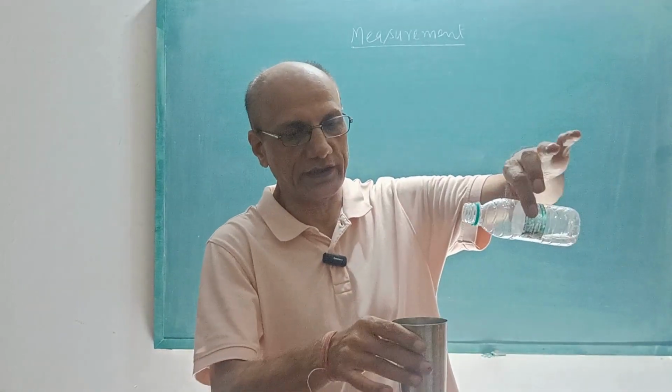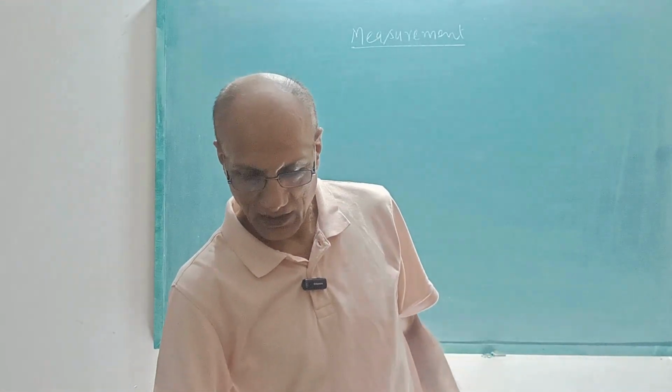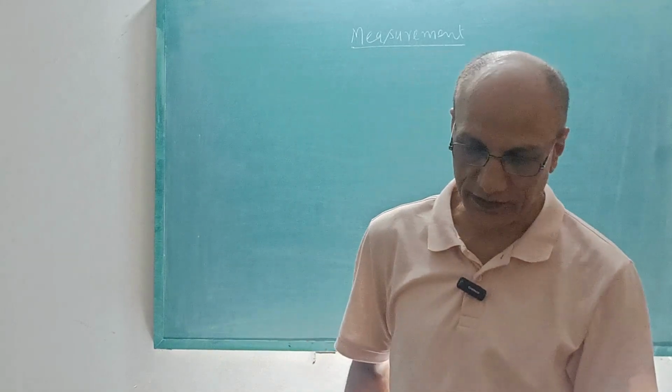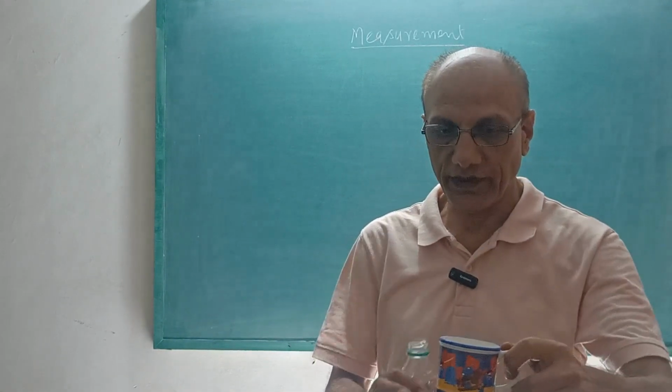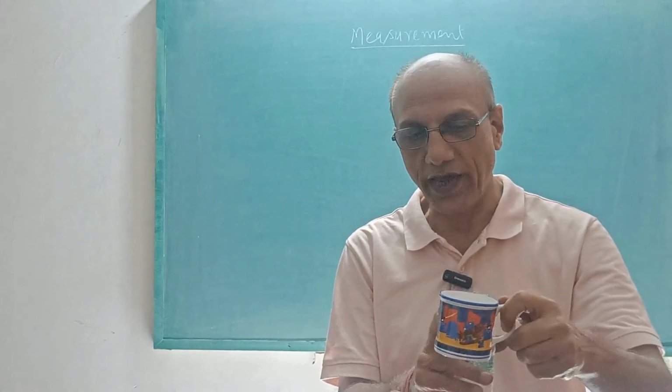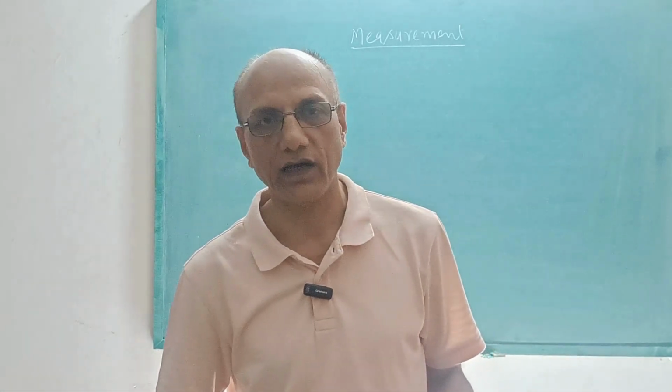That means some water is here. So this glass is almost double of the mug. So it means twice the volume of the cup is equal to the volume of the glass.